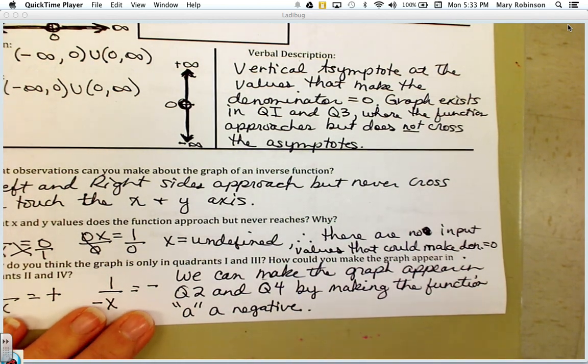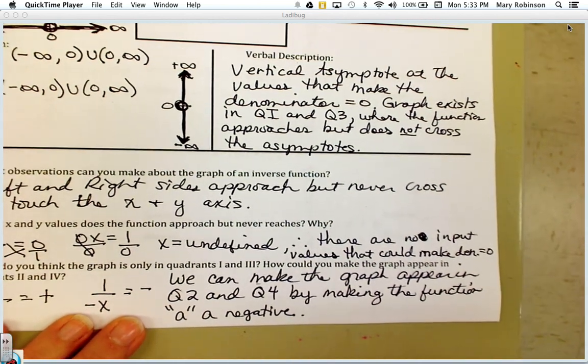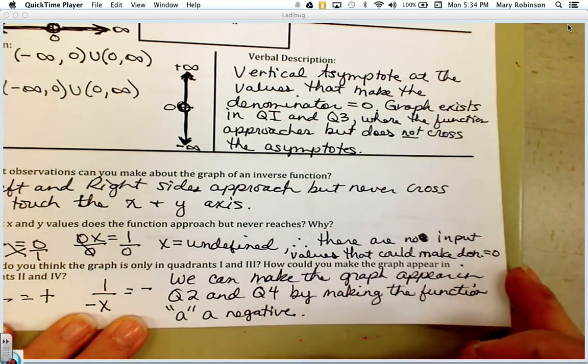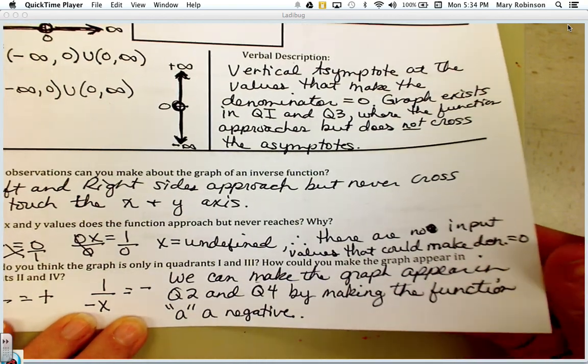So if we make a negative, then it will reflect and be in quadrants 2 and 4. Hit pause if you need to, otherwise I'm going to continue.